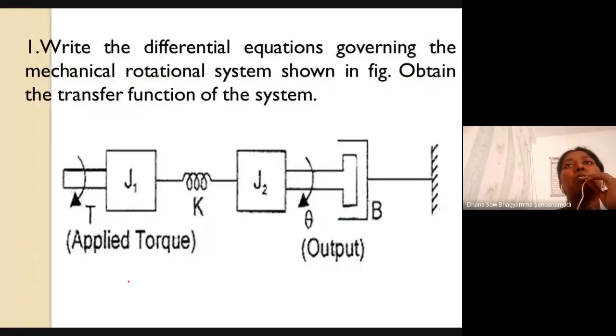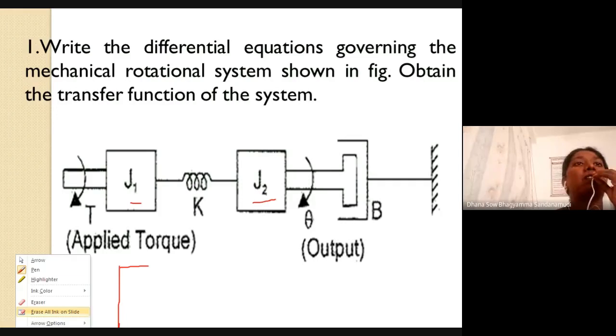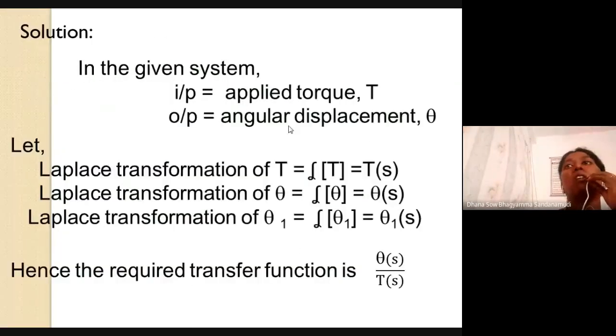At node 1, so how many nodes are there? Two nodes are there. J1 is one node, J2 is another node. I will show it later on.